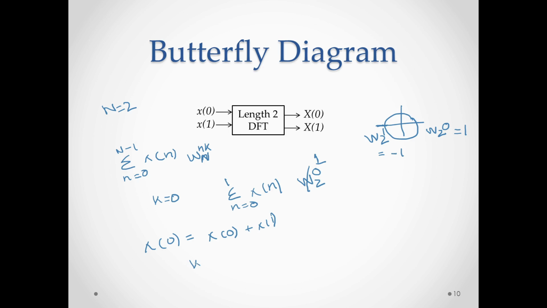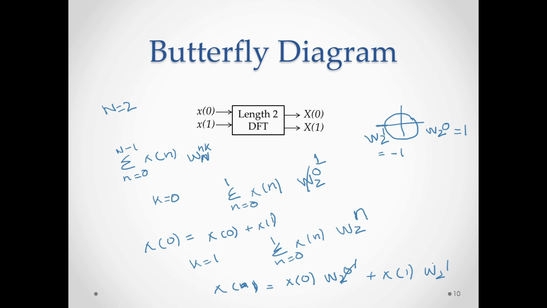For k equal to 1, our summation series would be reduced to n equal to 0, 1, x of n, W_2^n. So x of 1 is equal to x of 0, W_2^0 plus x of 1, W_2^1.